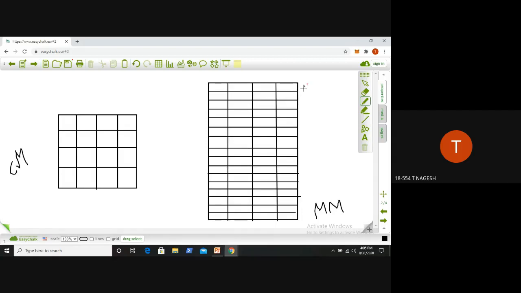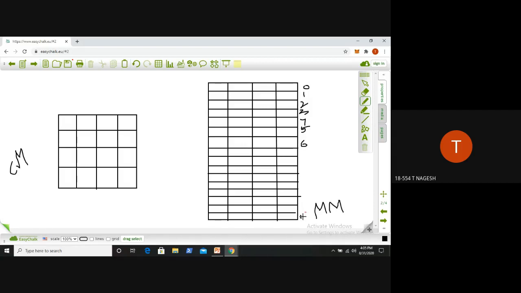So if you start numbering them from 0, 1, 2, 3, 4, 5, 6, and so on until 15.